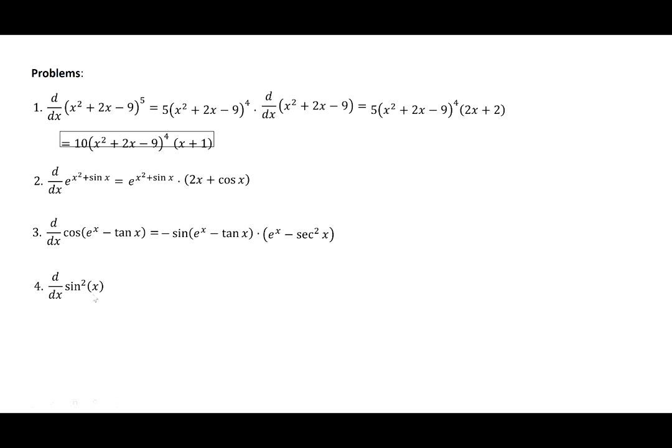What is this like? Sine of u? No. Dang. What is that like? Oh, Dr. Sam, you're just making a mountain out of a molehill. Come on. d dx of sine squared x is... give me just a second, please.